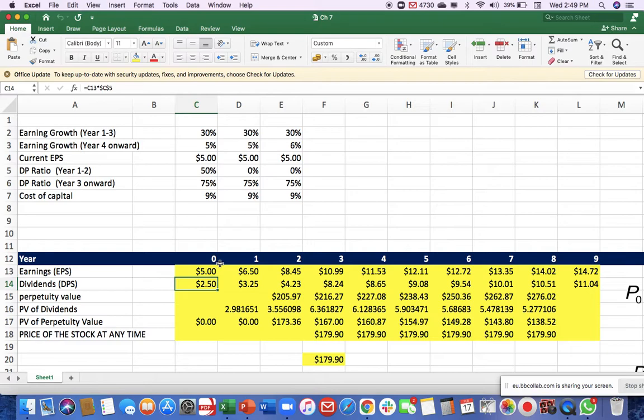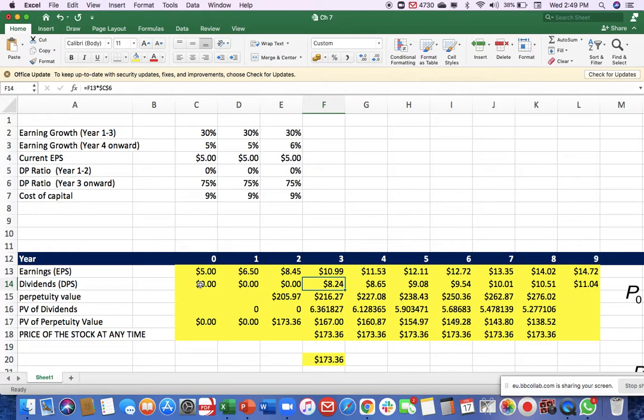The dividend payout ratio is 0. In year 0 there is no dividend right now. In the first year also we will not pay any dividend because it is a growth company. The growth is 30%, so we will retain. In the second year also there is an option of 30% growth in the third year, so we will not pay any dividend in the second year.